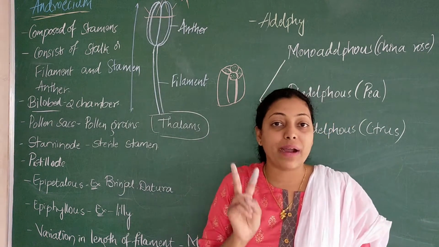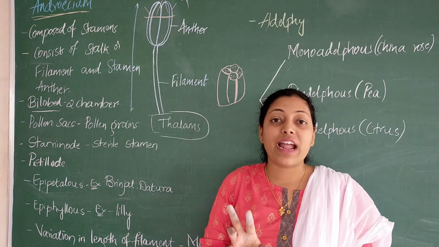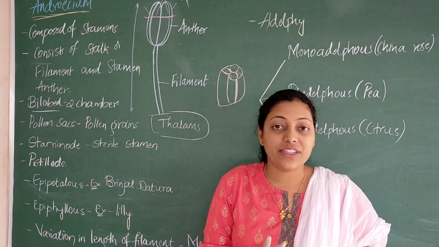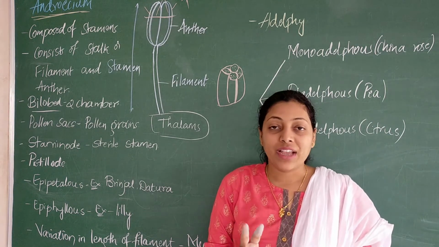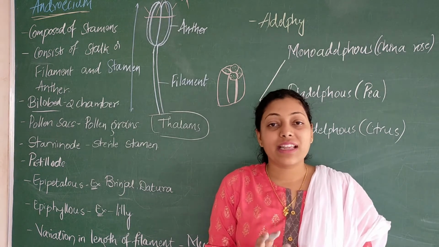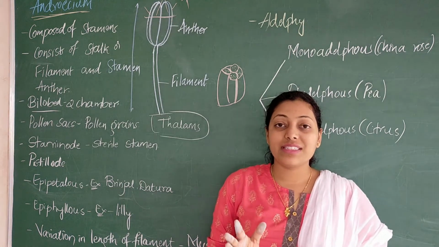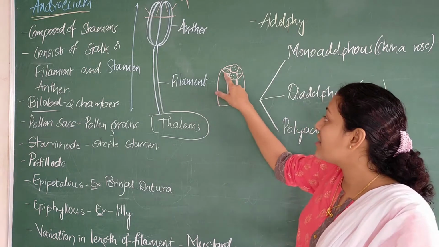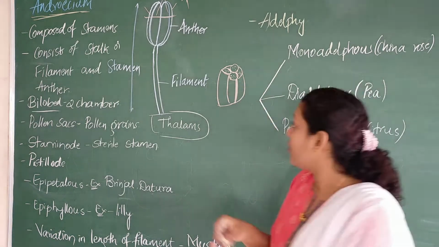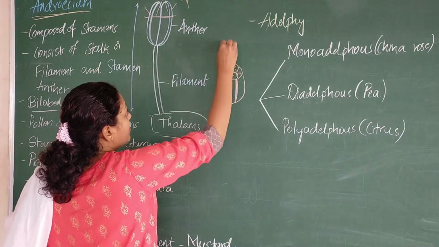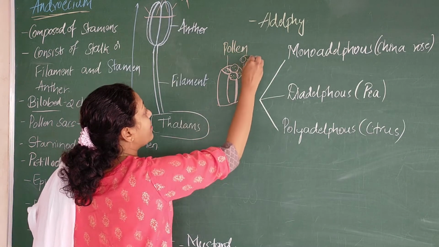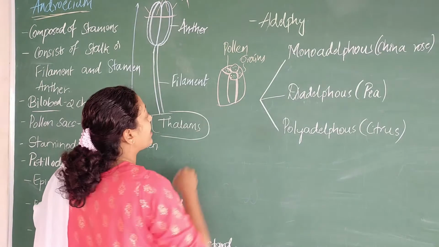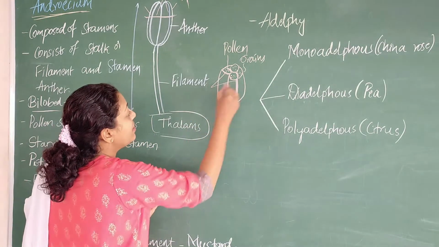Anthers are usually bilobed, and this two-lobed anther consists of two chambers in one lobe and two chambers in the other lobe. These chambers are called pollen sacs because they contain pollen grains within them. I'll mark it over here. These are pollen grains, and these are pollen sacs.